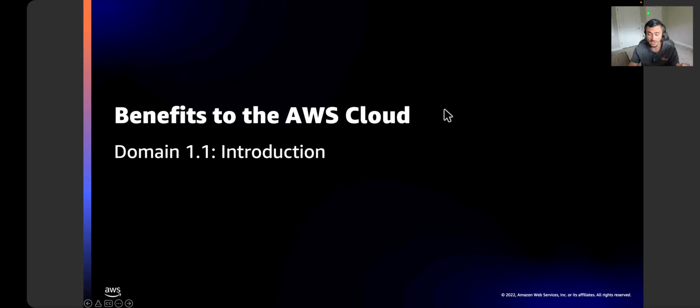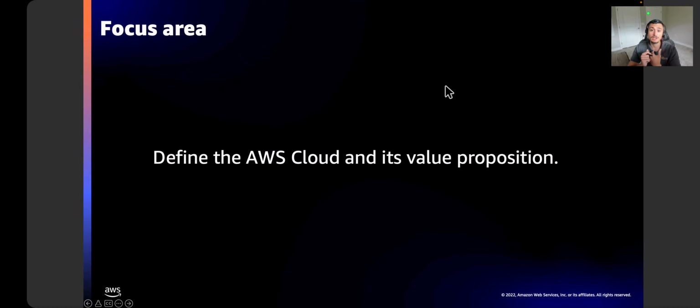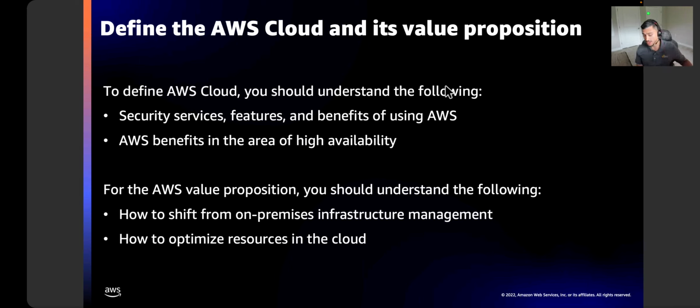Again, we'll start with the benefits of the AWS cloud. And to understand the benefits of the cloud, we really need to define what the AWS cloud is, as well as its value proposition. So really, what value do we get from running workloads or operations in the cloud, right? And to define the cloud, there are a couple of points that we need to be aware about. So things like the different security services and the features, right?